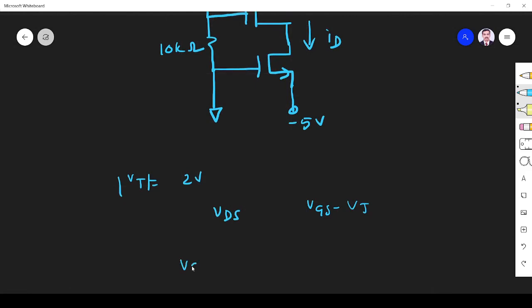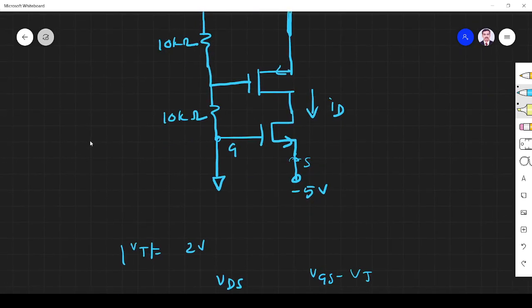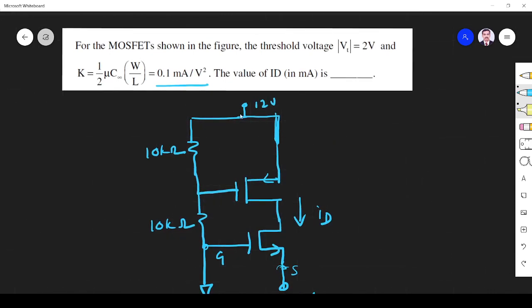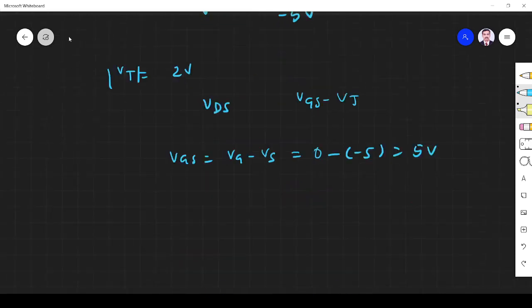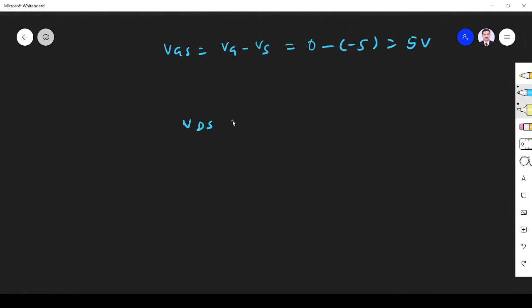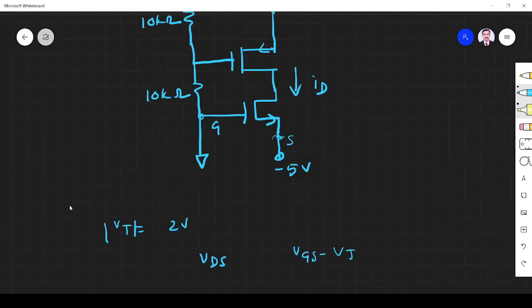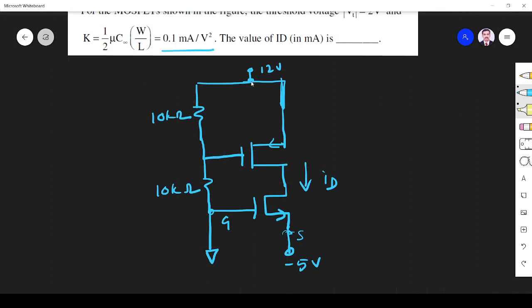VT they have given, VDS and VGS we have to find. So what is VGS? VGS equals VG minus VS. VG, you see this gate, is 0 because it is at 0 potential. The source is at 5 volt, so VGS is 0 minus 5. So VDS, this is VD. You see the drain, it will surely be greater than 5 minus 2. So VDS is greater than VGS minus VT because VDD is 12 volt.